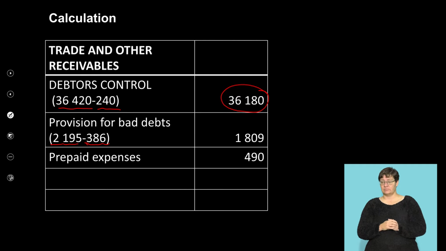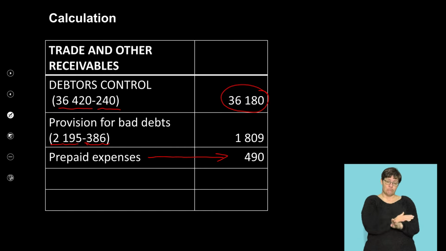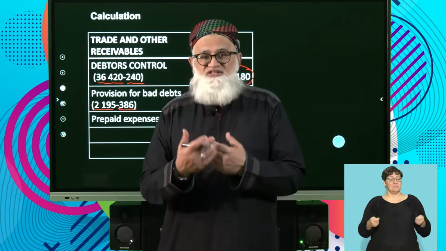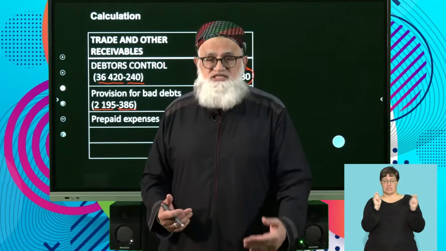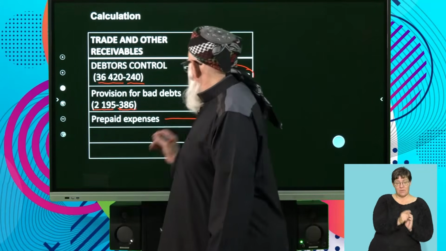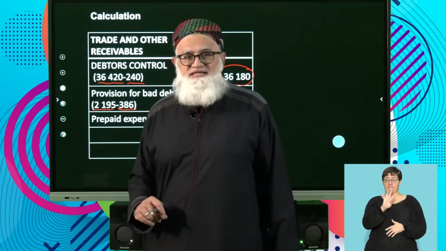Obviously, after these two figures, we would have a net trade debtors. Then you bring in your prepaid expenses. Okay, and under prepaid expenses would be all the expenses that we have adjusted. In this case here, it was the advertising one. We had prepaid an amount of 490 Rand.